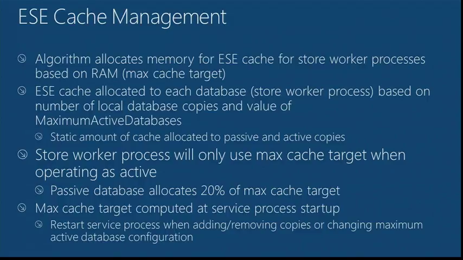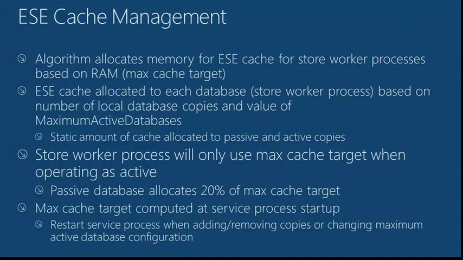One caveat, though, and I don't think this will change for RTM, although I'm hoping it does, but quite frankly, I'm not holding out that much hope. And that is if you change the value of max active databases, or you significantly increase or decrease the number of databases that you have on a server, then you have to actually restart the services so that they can recompute.